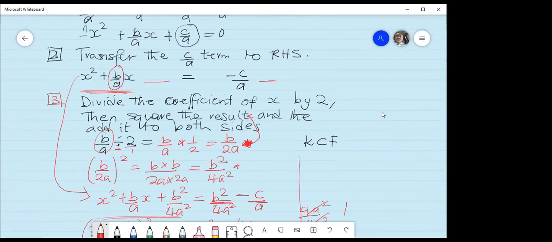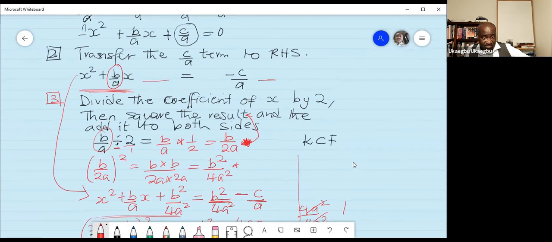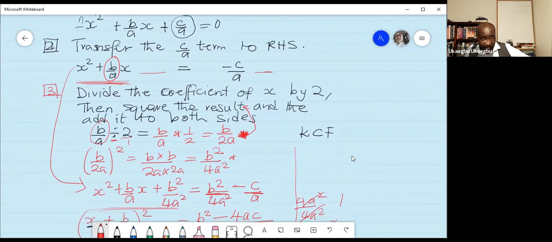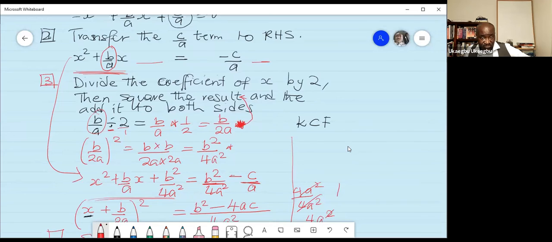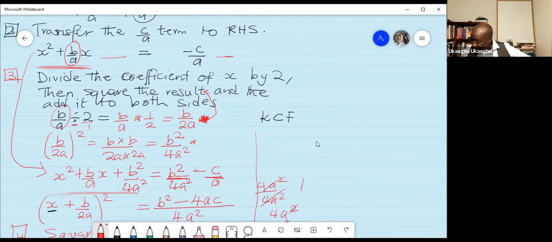Say divided by 2. Yes, I will come to the bottom, but let me explain step 3 first. So divide the coefficient of x by 2. B divided by a is the coefficient of x, and I'm dividing it by 2. If you're dividing 4 over 3 by 2, what are you supposed to do?